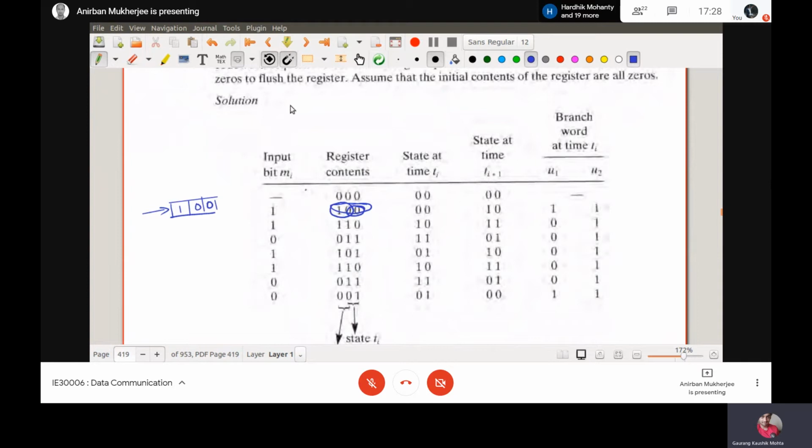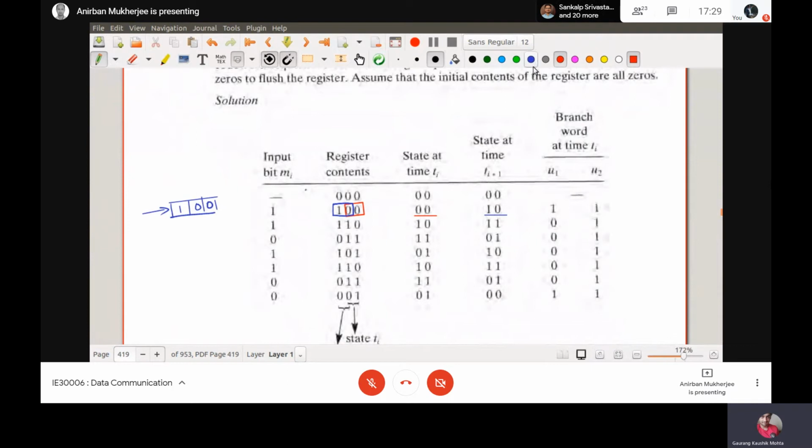Okay, you see that 10. Same thing, throughout you will find this 101101 there, and the branch word at time ti.